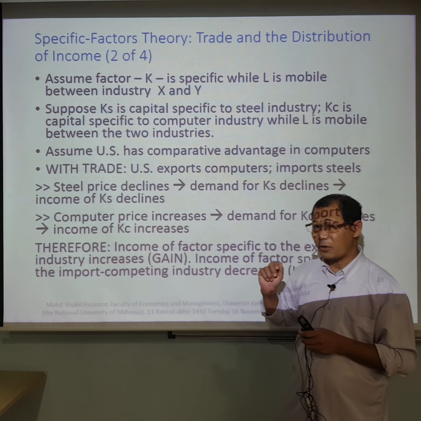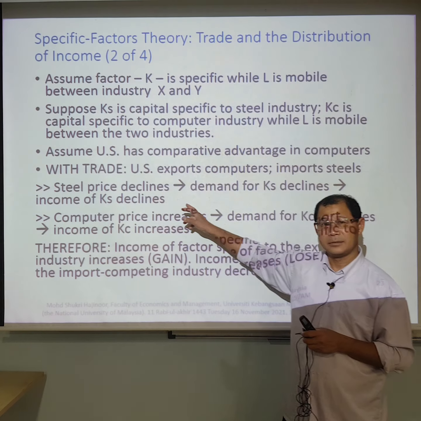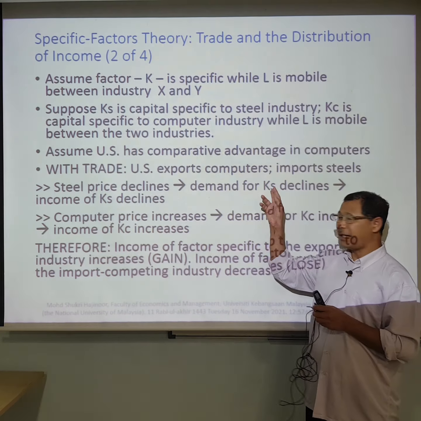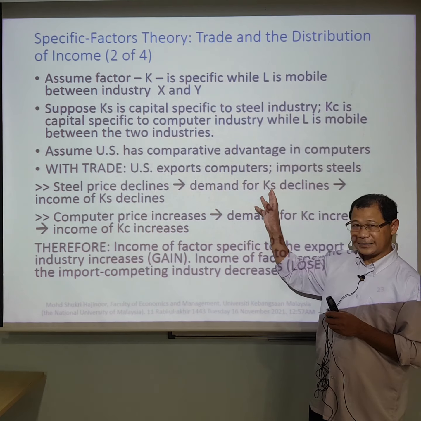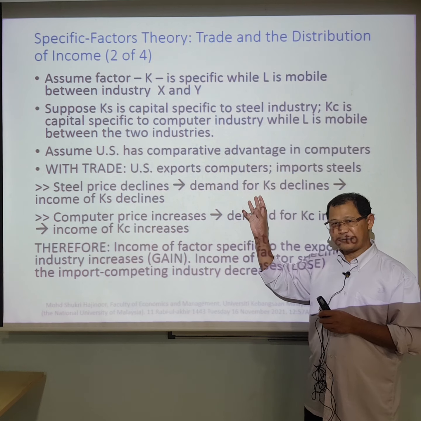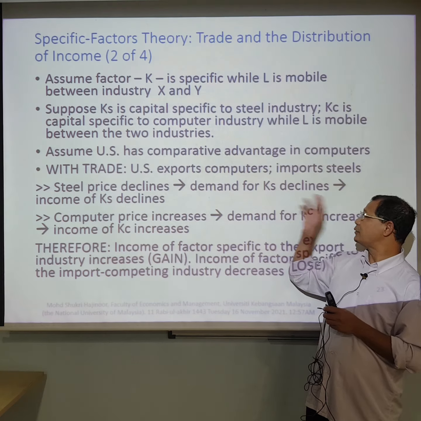With the import of steel, the price will decline, and that leads to lower demand for KS. Now we're discussing incomes for the immobile factors, which is K. So the demand for KS will decline.